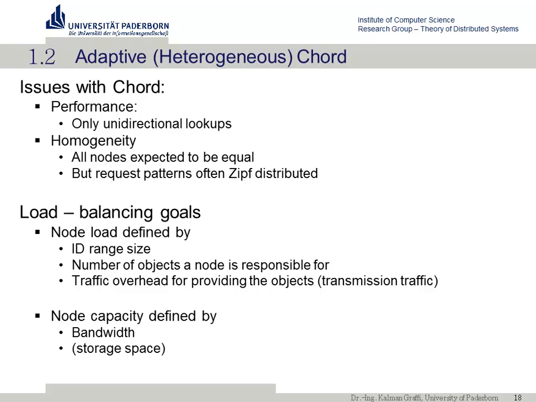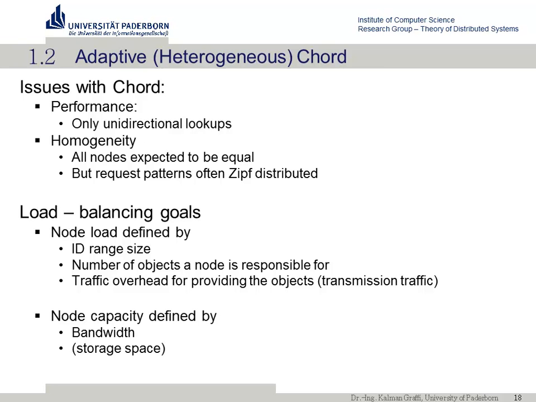And the last one, that's I think more reasonable, is to go for the traffic overhead for providing these objects. So to take as a load only the traffic, and if you have thousands of documents that you're responsible for, but they do not generate any traffic because they are not interesting for the community, then it's not much load.